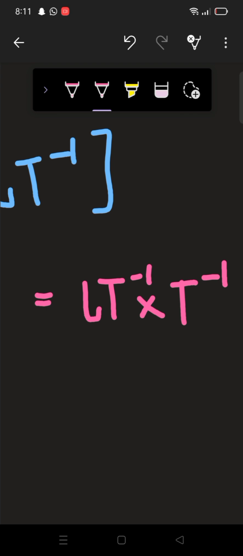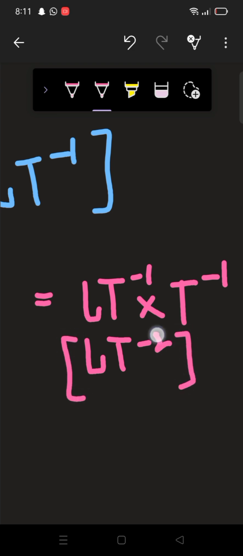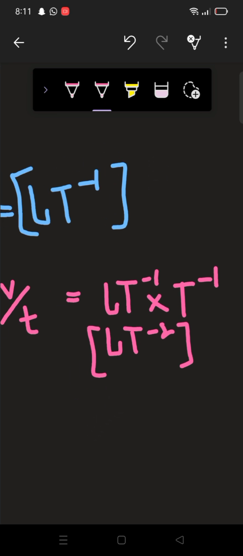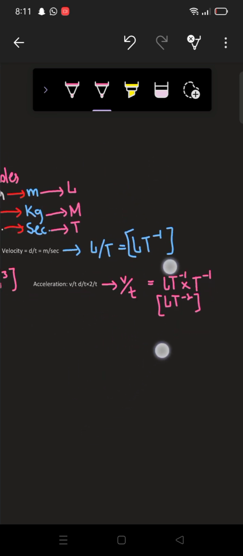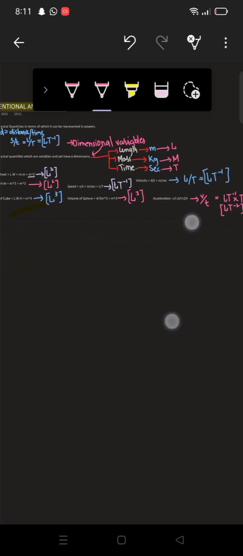As you can see, the bases are being multiplied, so we need to add the powers. So L T, minus plus minus, the sign would be minus. 1 and 1 is 2. So basically this is the dimensional formula of acceleration. L T power minus 2, and this is the dimensional formula of acceleration.